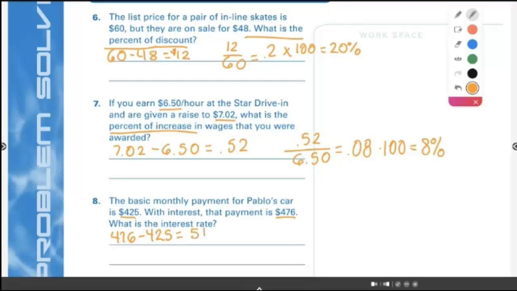That's our money interest. Then we take 51 divided by our 425, and this is going to tell us the percent, the rate. 0.12. Okay, 0.12, and then I want that as a percent, so I multiply by 100, and I get 12%. 12% interest rate is on the higher side.